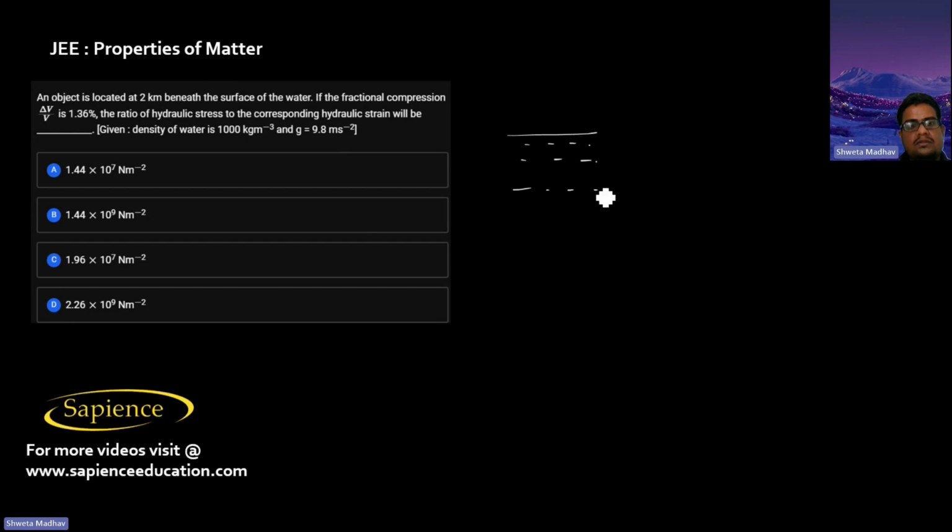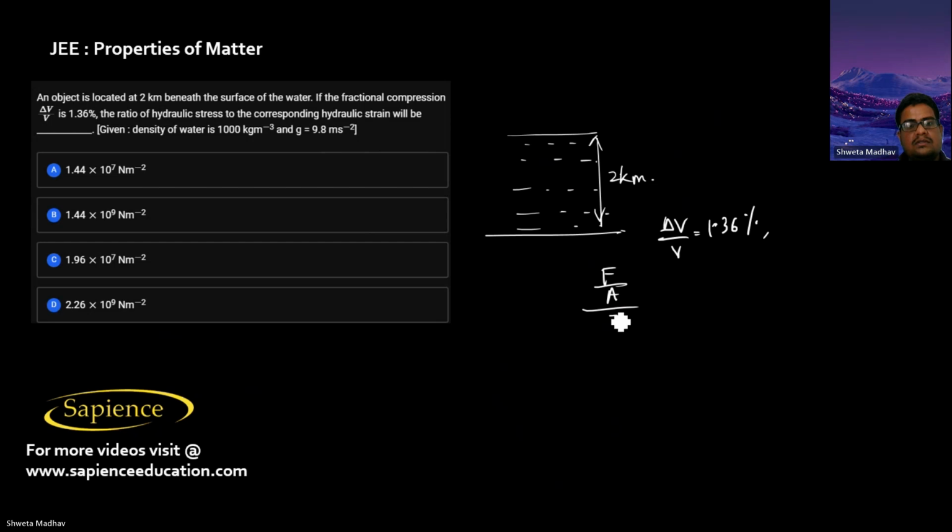If the fractional compression delta V by V is 1.36%, then the ratio of hydraulic stress to the corresponding hydraulic strain will be asked, which is force per area, that means pressure, by delta V by V. It means we have to find the bulk modulus, which is the ratio of the hydraulic stress to the corresponding hydraulic strain.